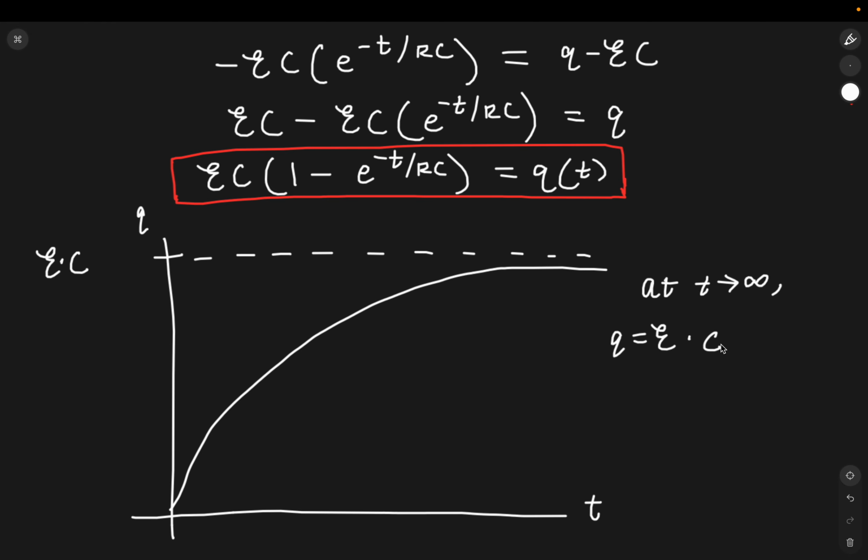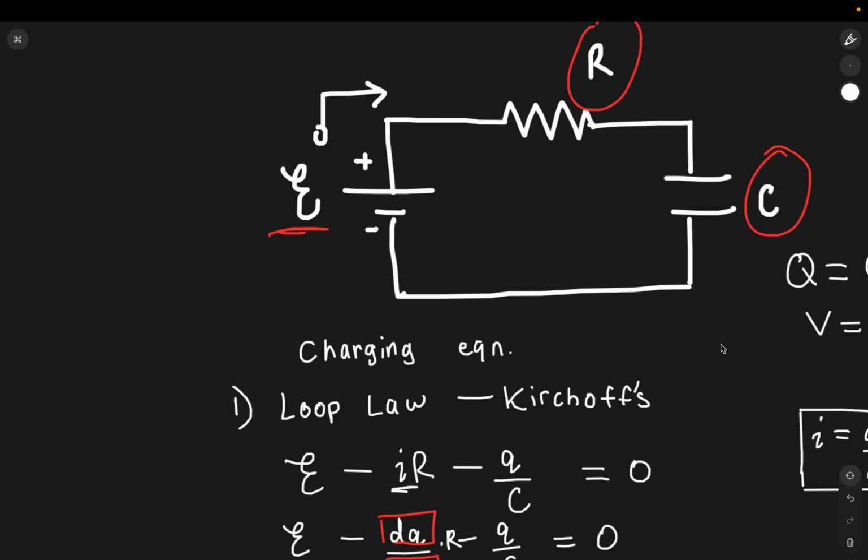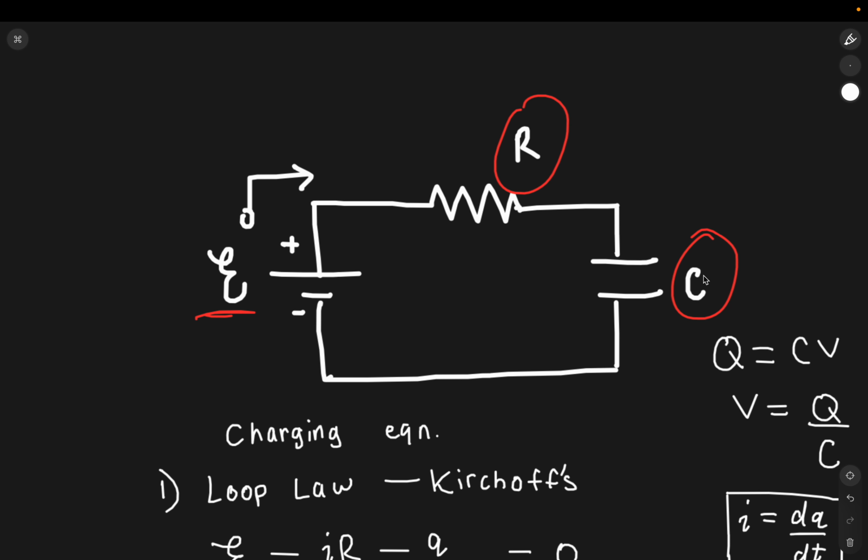And this actually makes sense because if you think about it, back to a circuit here, when the capacitor is discharged, it acts kind of as a short circuit, so it acts as just a regular wire. But as time approaches infinity, what's going to happen to our circuit is this is going to create an open circuit, and our capacitor will then be fully charged.